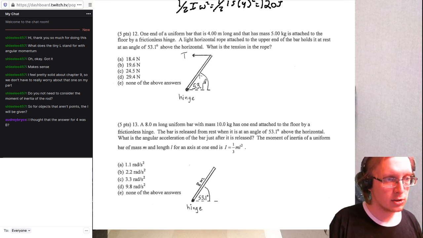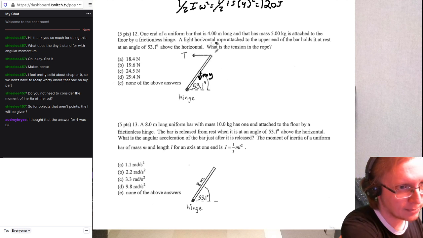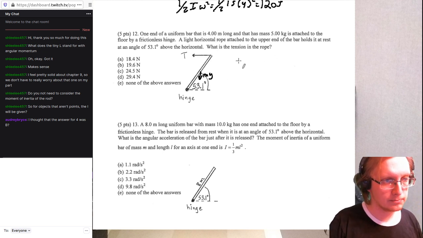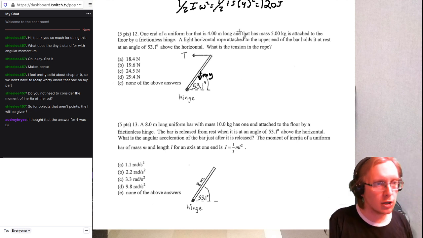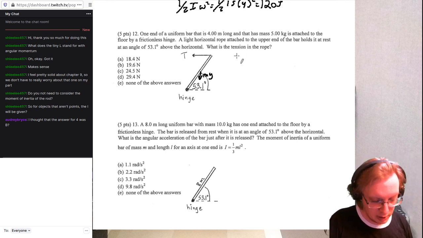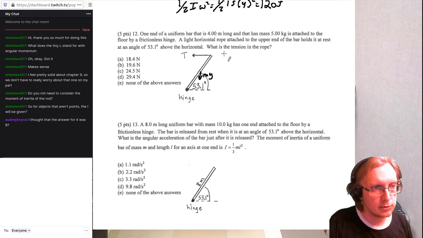Okay. So we have, going downwards, a mass of mg at half length. Here we only need to deal with our torques. Only a torque problem.